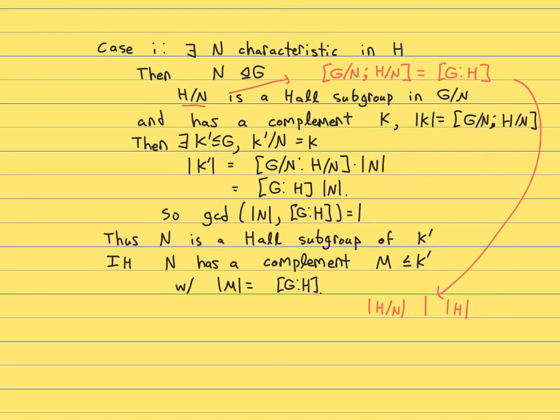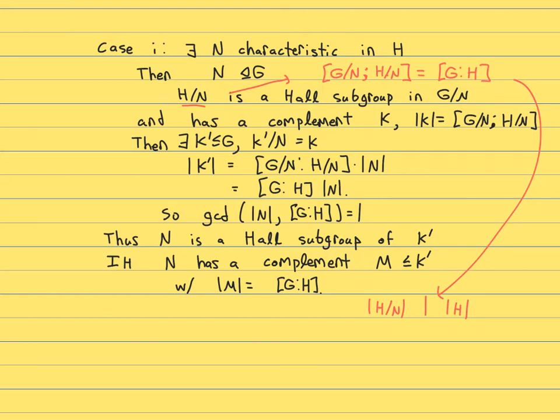And why do I state that? Well, remember, N is characteristic in H, and actually N is normal in K prime by construction. And so we have a normal subgroup of K prime, and we've got this relatively prime condition.